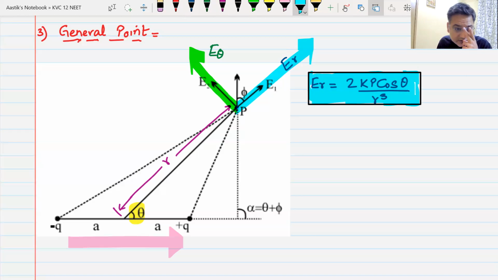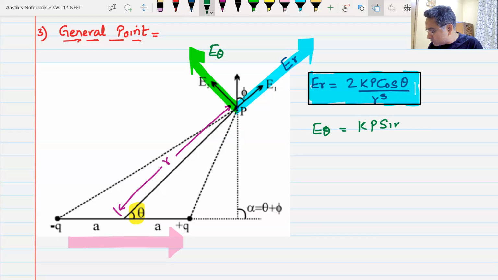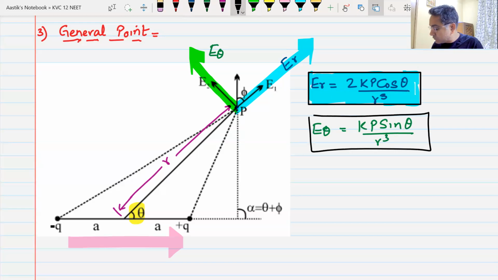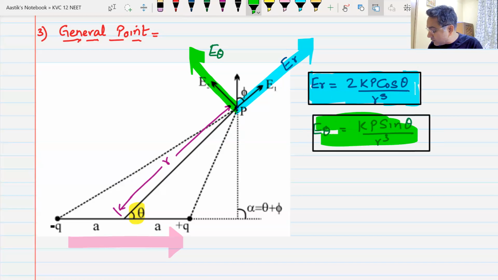And the green one, the E theta one, is Kp sin theta by R cube. So remember these two values, the green component and the blue component.